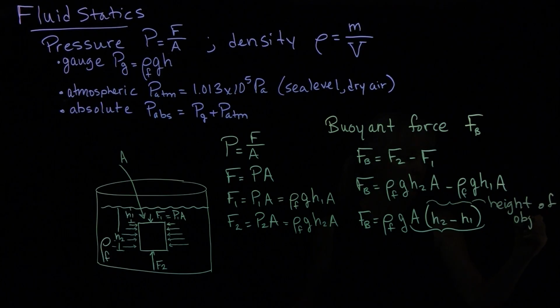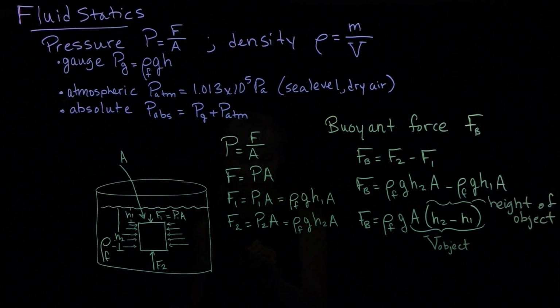And if I multiply the height of the object by its area, I have the volume of the object. So the buoyant force then can be written as the density of the fluid times the acceleration due to Earth's gravity times the volume of the object.